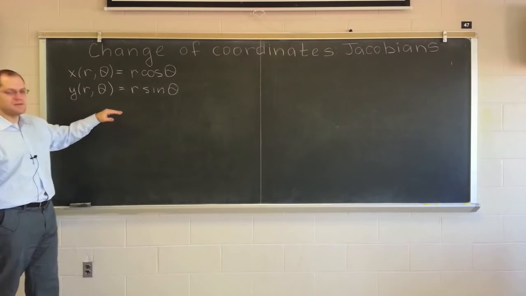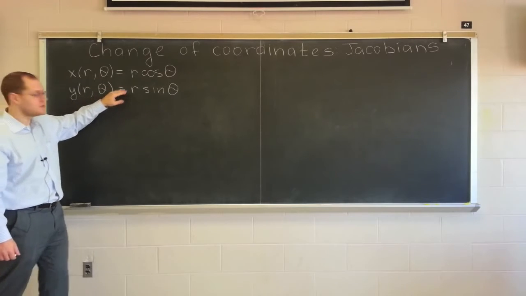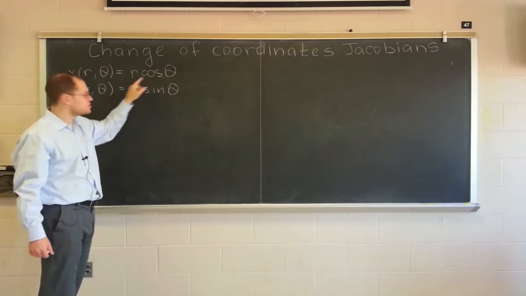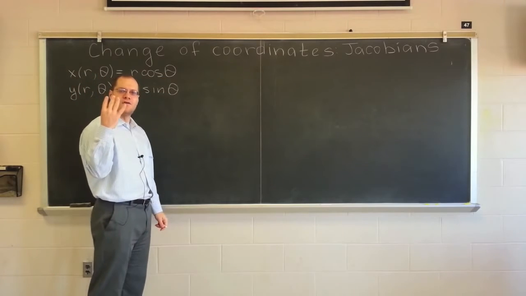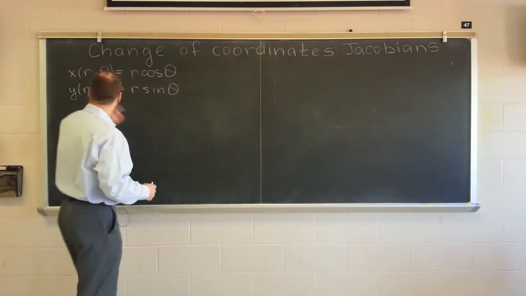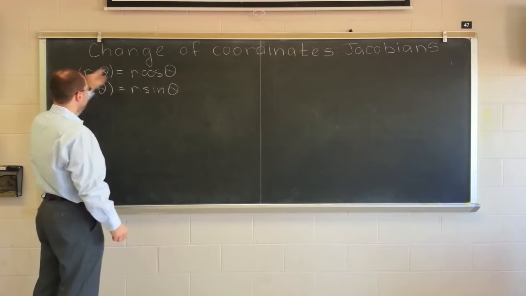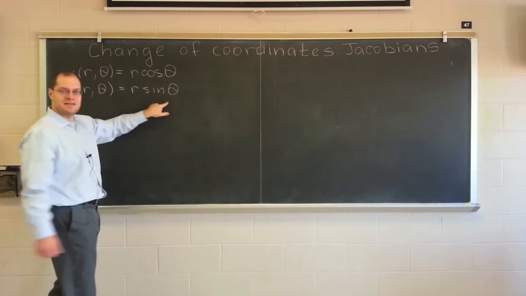And let's consider the matrix of partial derivatives of these two functions with respect to the two independent variables. So there will be a total of 4 entries in the Jacobian matrix. dx dr, dx d theta, dy dr, dy d theta.